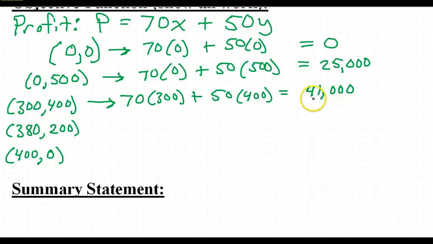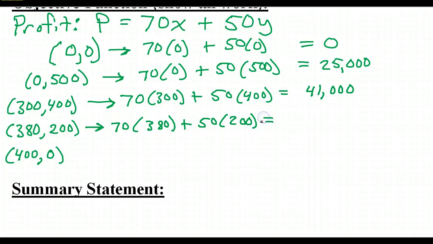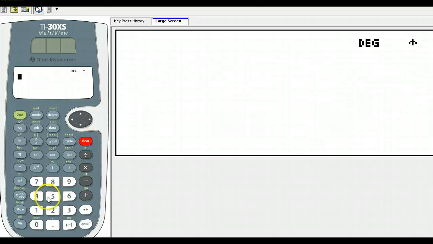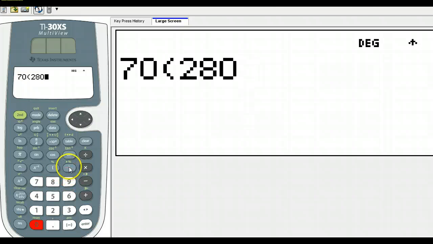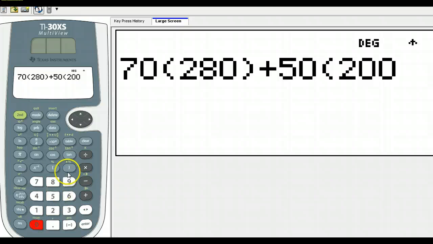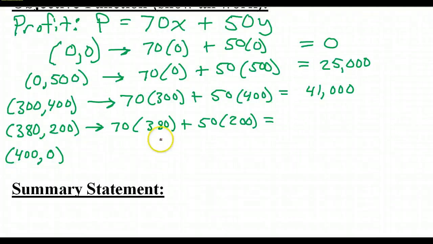So that is the one that's winning so far. But let's go to the next one. 70 times 380 plus 50 times 200. Yeah, 380.